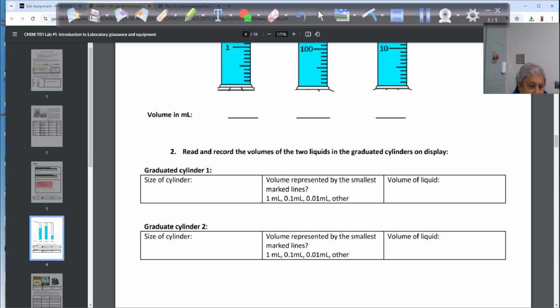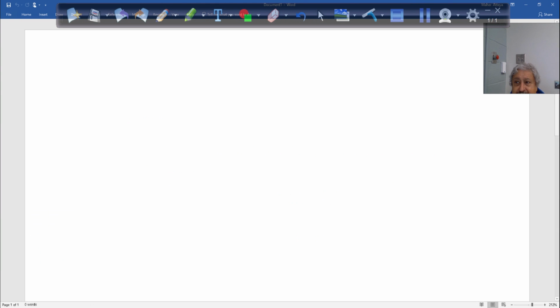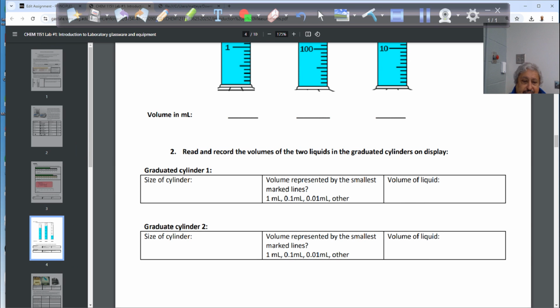It's not really opening. So you have to copy and paste this one here, and add another row, another table here.